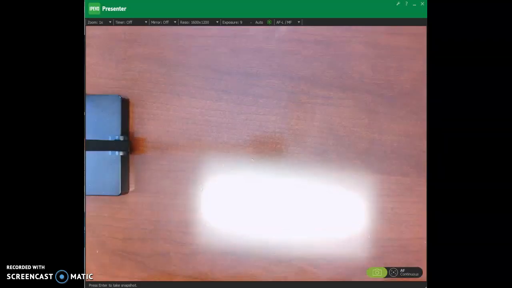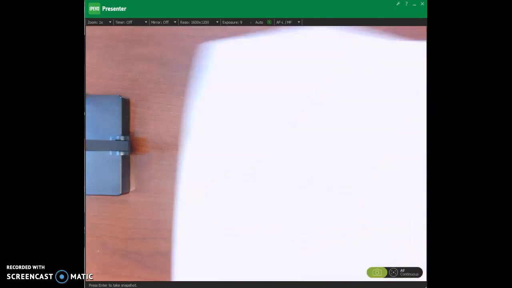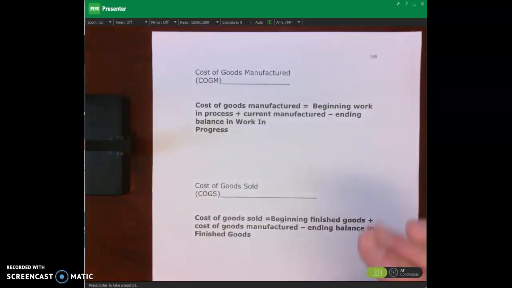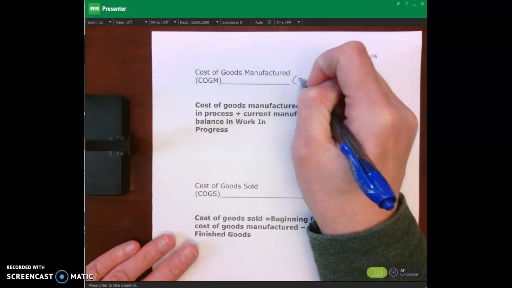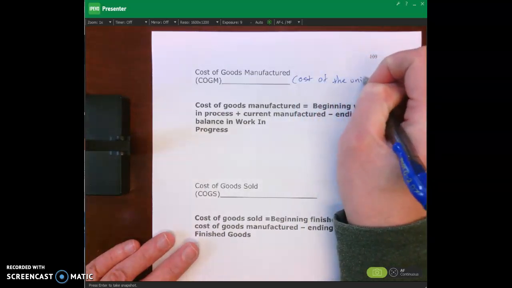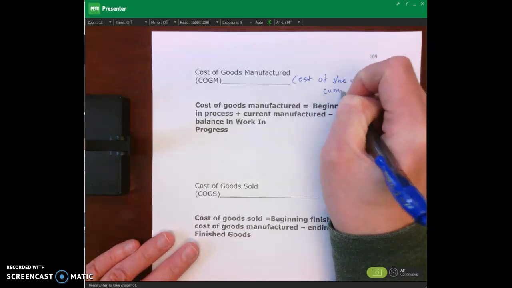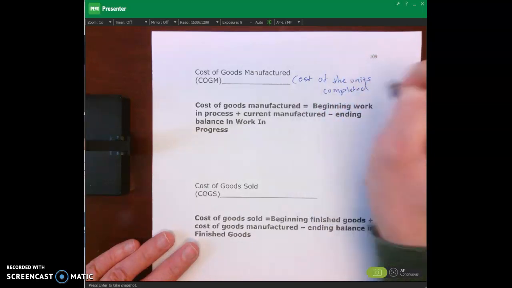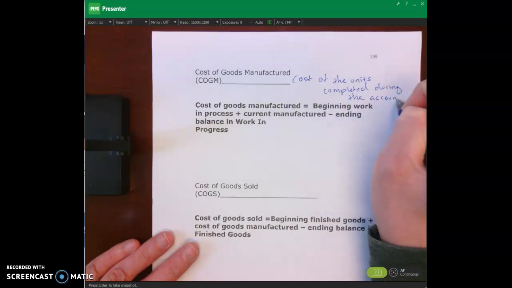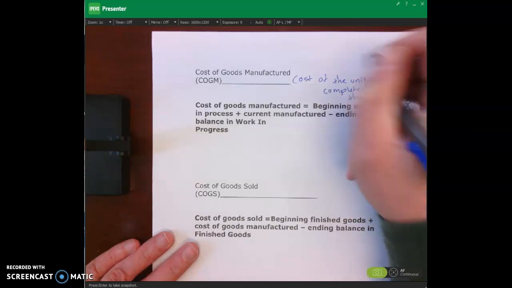So when we look at our cost of goods manufactured, we can define it as the cost of the units completed during the accounting period. And again, what do I mean by cost?